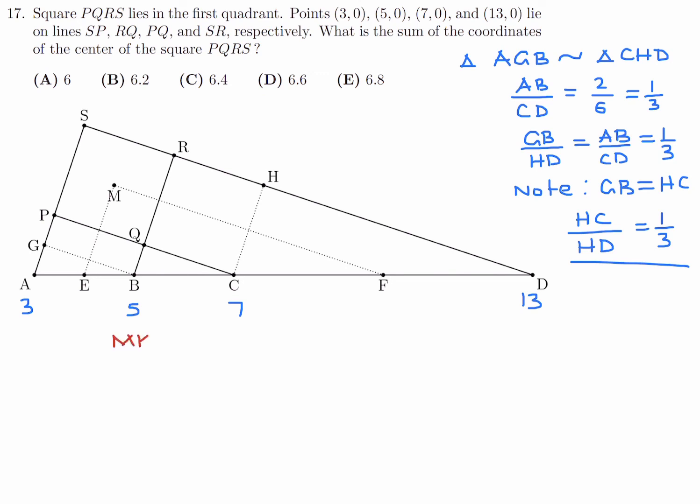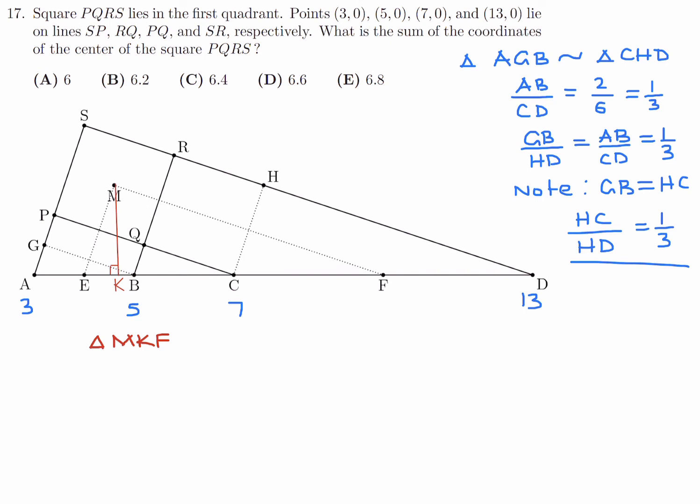Triangle MKF, where K is the point that I drop to meet the side perpendicularly, like this, where this is a right angle. And this is my K.